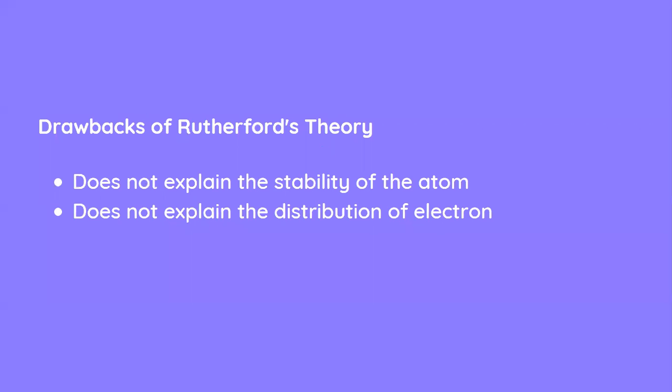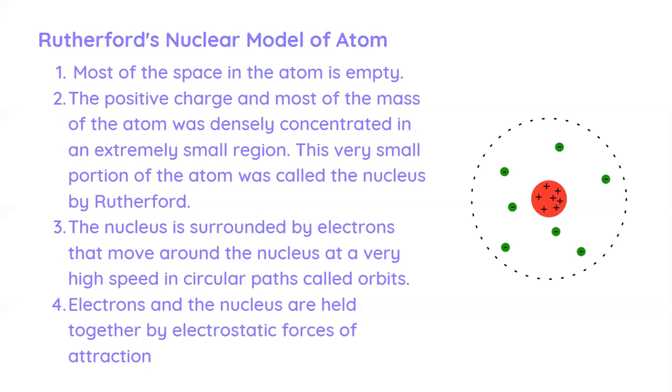But there were two important drawbacks of Rutherford's theory. First, it was not able to explain the stability of the atom. There is Maxwell's theory of electromagnetic radiation. According to that, when you have a body moving under the influence of an attractive force, here between the protons and the electrons, when the electrons move around these protons, they will tend to lose energy in the form of electromagnetic radiation.